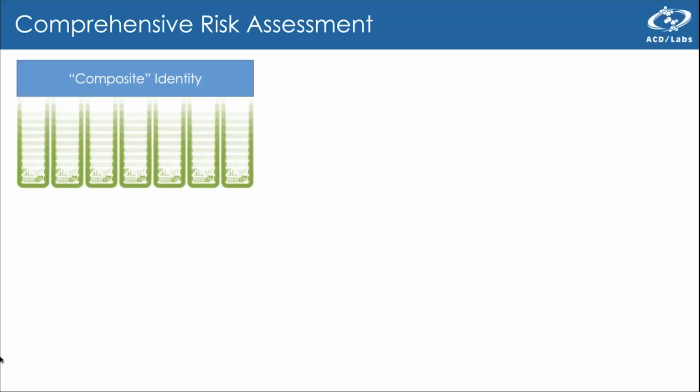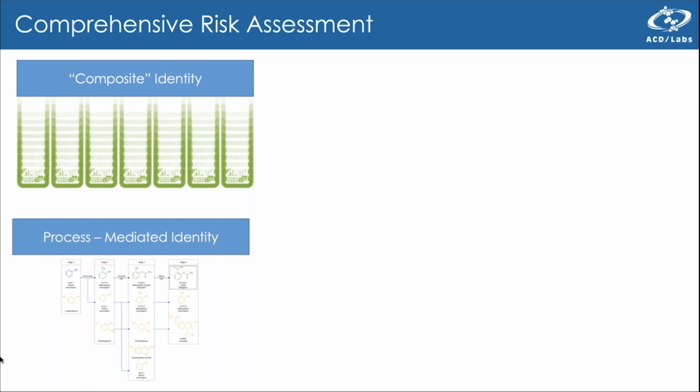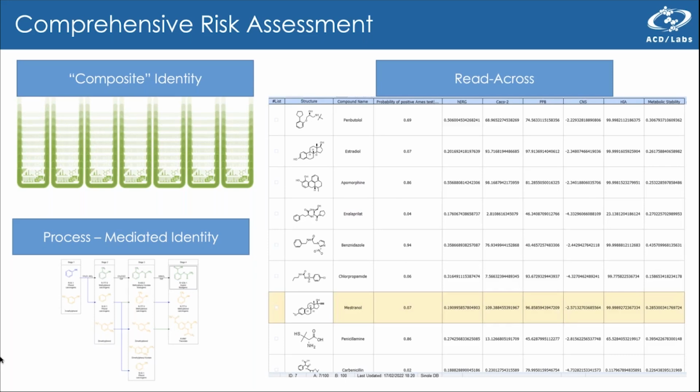Furthermore, for comprehensive risk assessment, as a summary, being able to perform that composite identity lifecycle in an efficient fashion, being able to understand composition when it is mediated by your processes, right, and having a depiction of that process mediated identity in a process map is often important. And then being able to perform read across, similar to the pivotability, looking for a single compound.